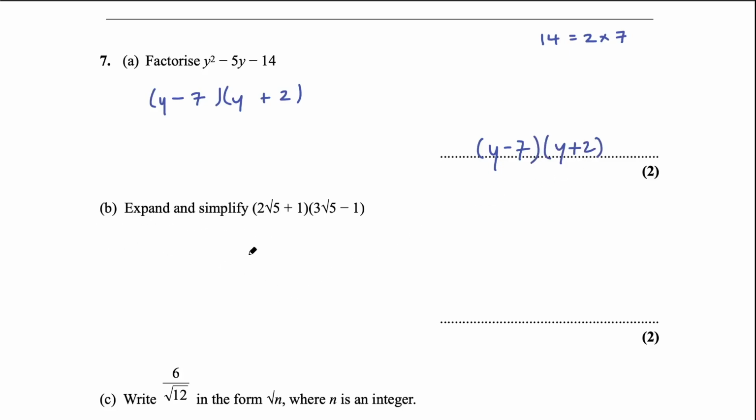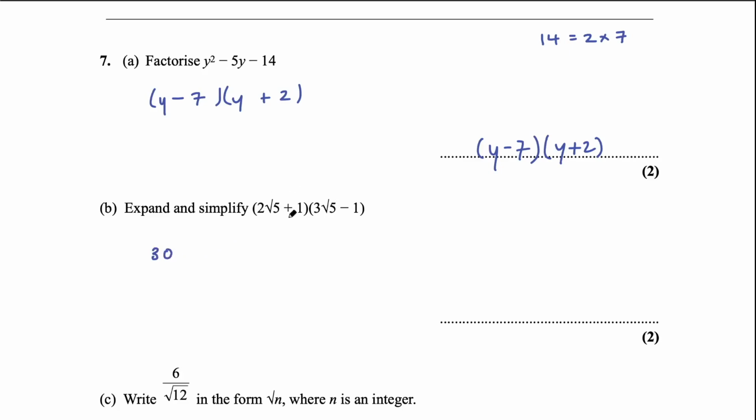Part B says expand and simplify (2√5 + 1)(3√5 − 1). So first, if I multiplied 2√5 by 3√5, well, you have to multiply the √5 and the √5. So that would be 5, and you have to multiply the integers as well. So 2 times 3 is 6. 6 times 5 is 30.